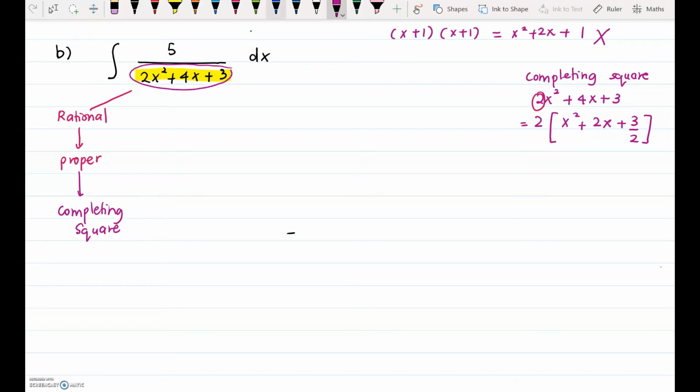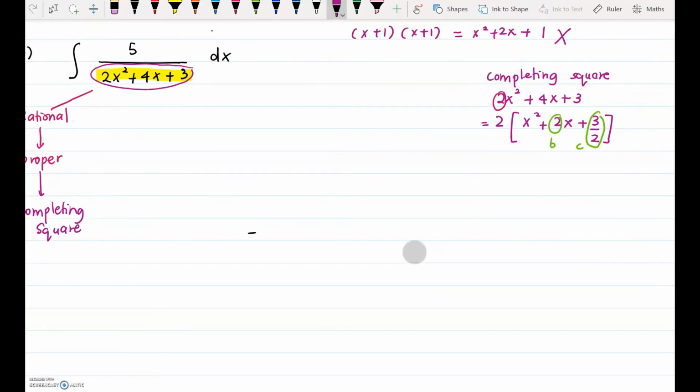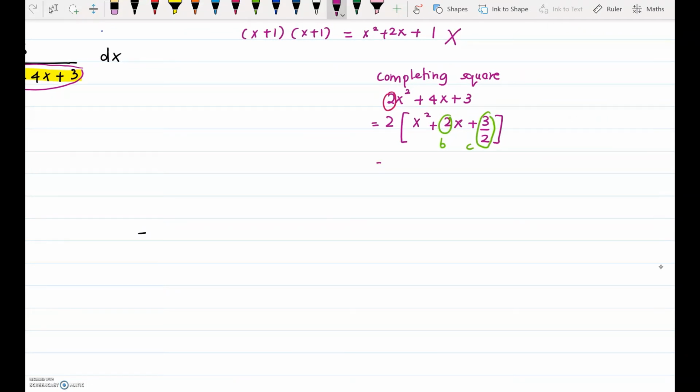Okay, so by using the formula, this is your B and this is your C. The given formula is 2 times x minus B over 2 squared. So x minus 2 over 2 squared, minus or plus? It is plus. And then minus 2 over 2 squared, and then plus C, 3 over 2.